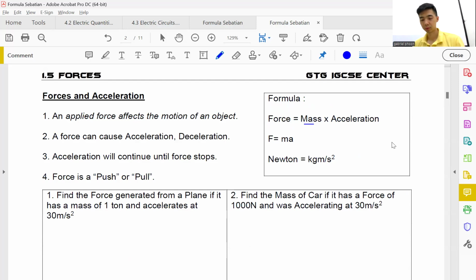1 ton is 1,000 kg. 1,000 kgs is how many meters?